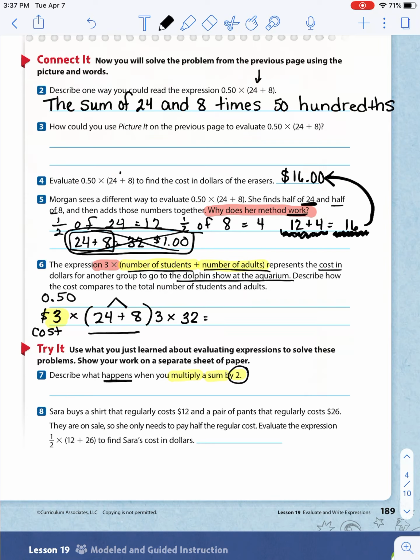So if you multiply a sum by 2. So if I just make up numbers, I have a sum of 5 and 3, which is 8. What happens if I multiply that by 2?